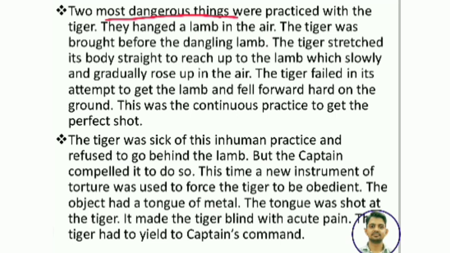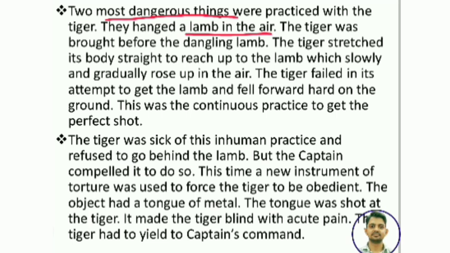Let's see. Here, there is a lamb in the air. The tiger noticed a dangling lamb in the air. It tried to stretch its body to reach up to the lamb, to get it and eat. But that was a trick, a trick to make the tiger stand straight.